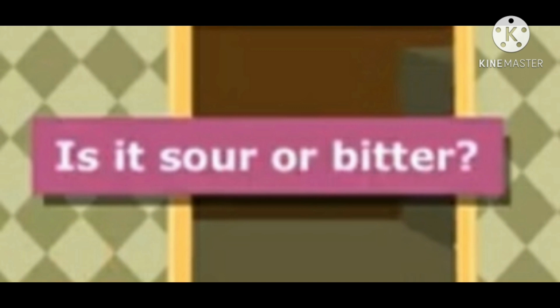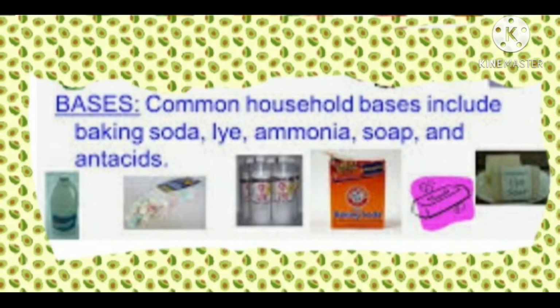If you rub its solution between fingers, it feels soapy. Generally, substances like these, which are bitter in taste and feel soapy on touching, are known as bases. The nature of such substances is said to be basic.